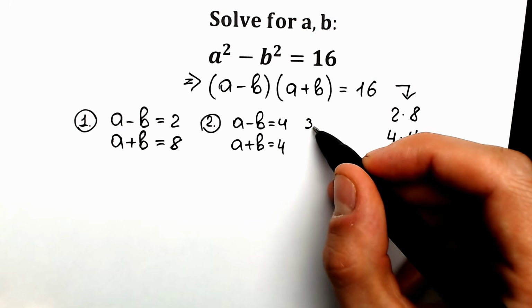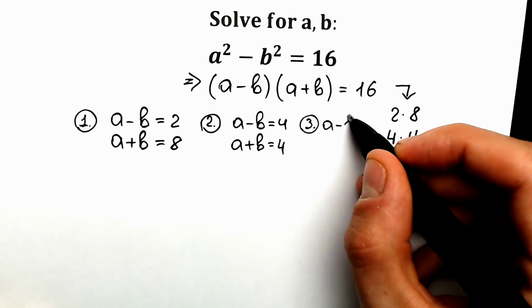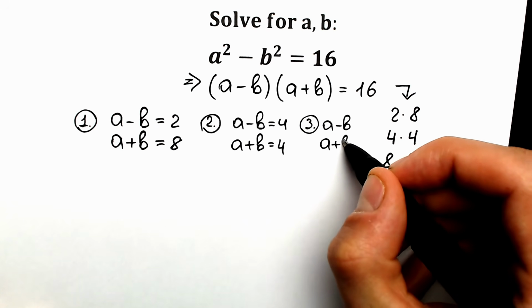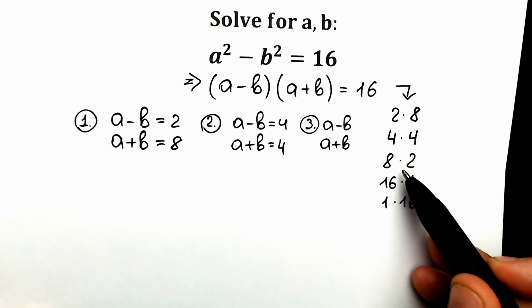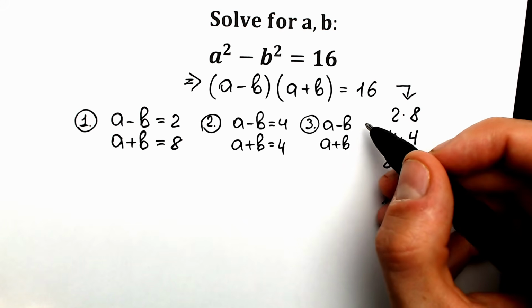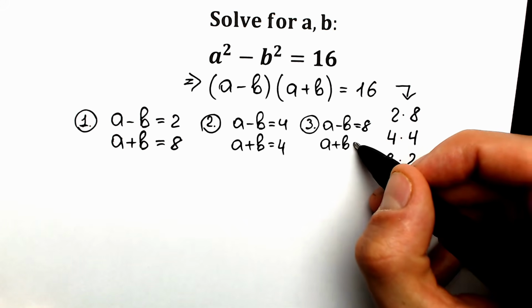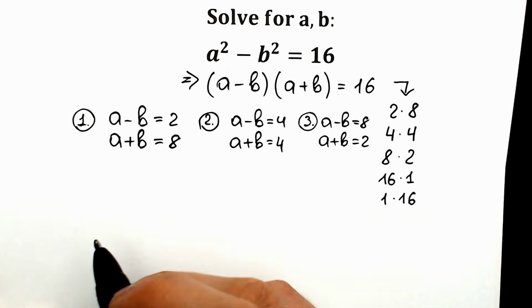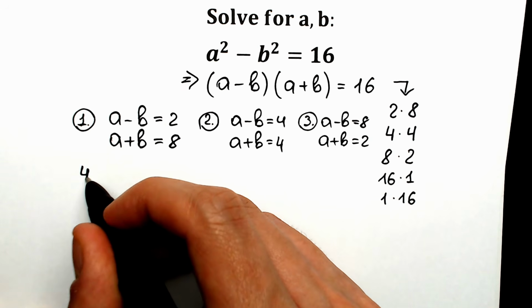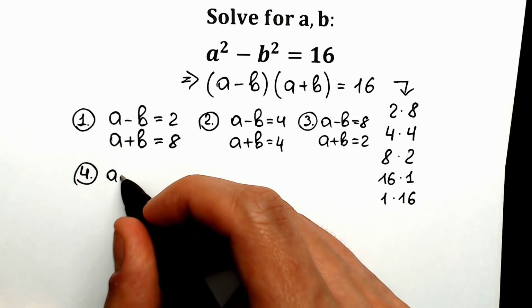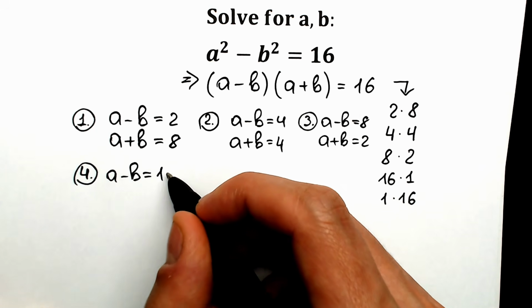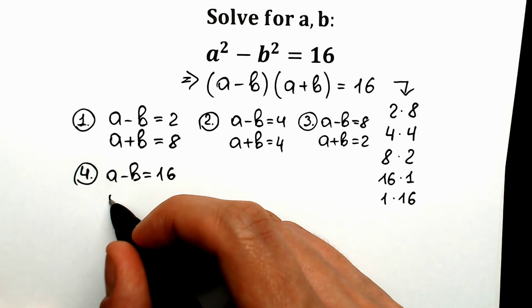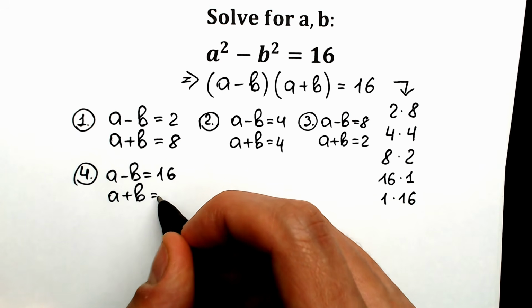Third system of equations: a minus b equal to 8 and a plus b equal to 2. And fourth system of equations: a minus b equal to 16 and a plus b equal to 1.